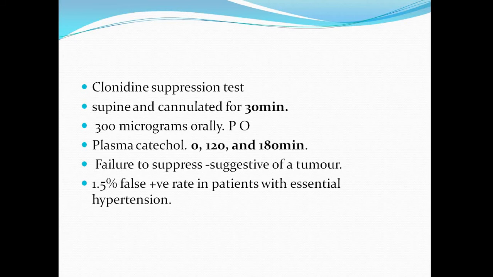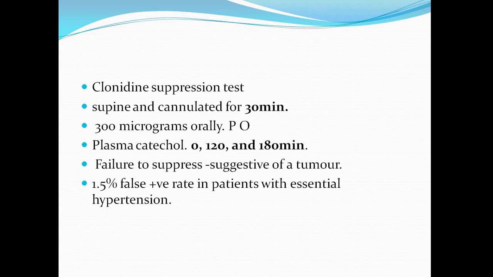I wanted to tell you something about the clonidine suppression test. This is basically done when the biochemical testing is equivocal. It's basically done in a supine position, and the patient is ideally cannulated for 30 minutes.